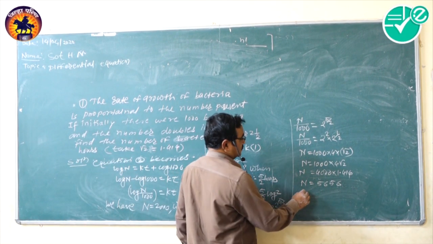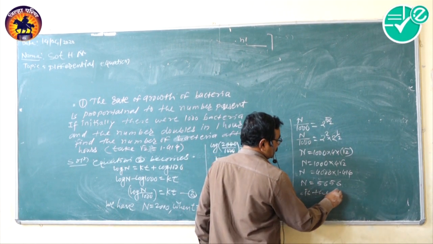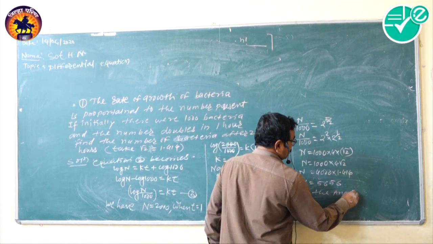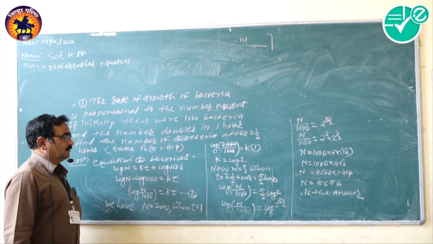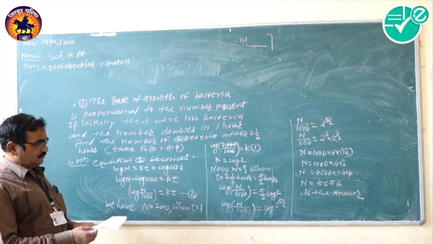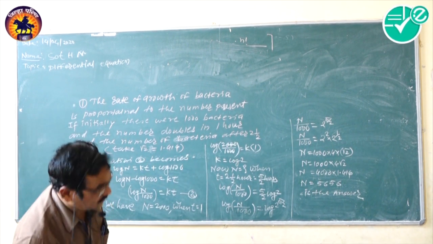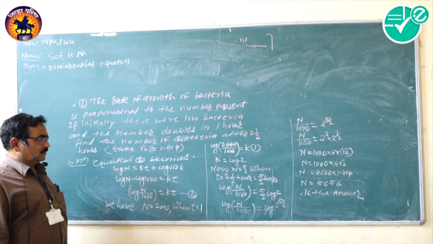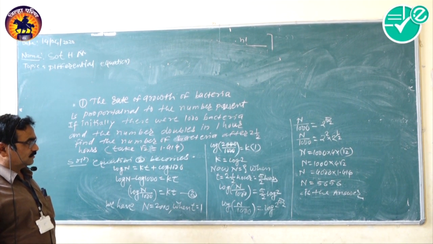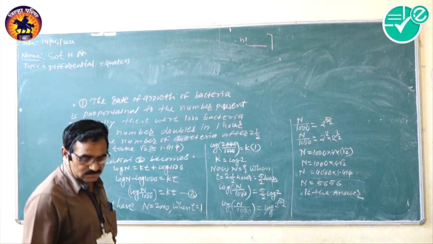This is the answer. The number of bacteria after 2.5 hours is 5656. Okay.